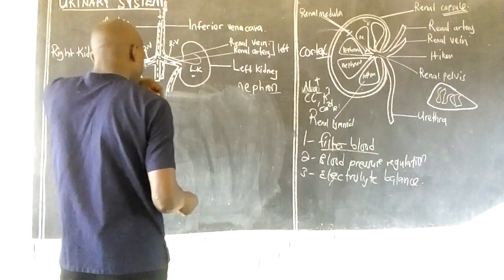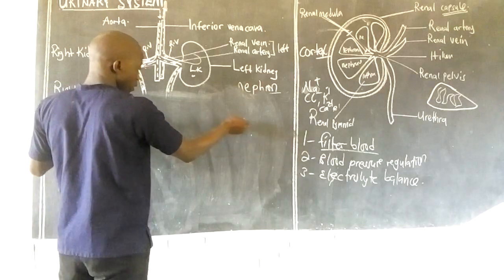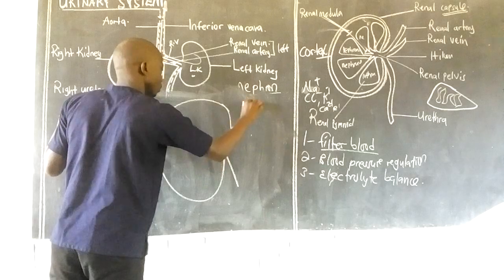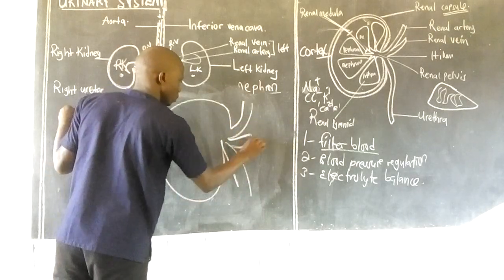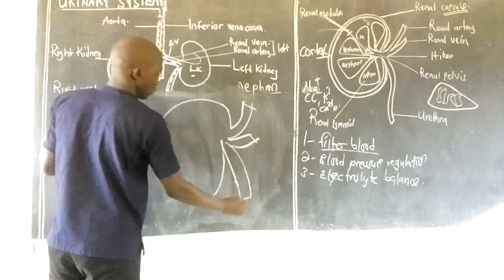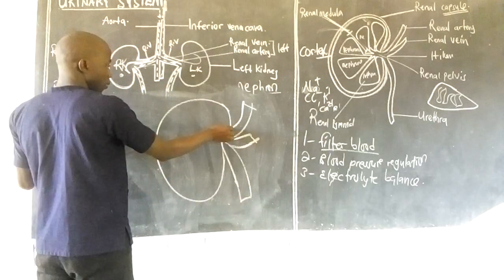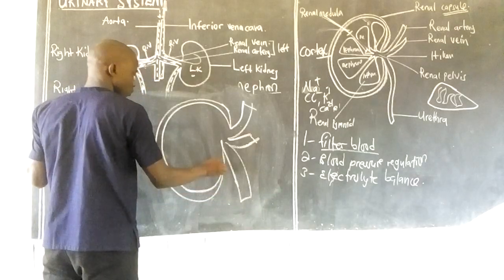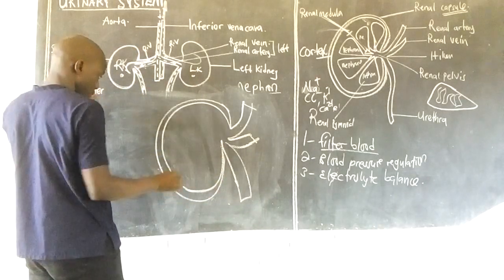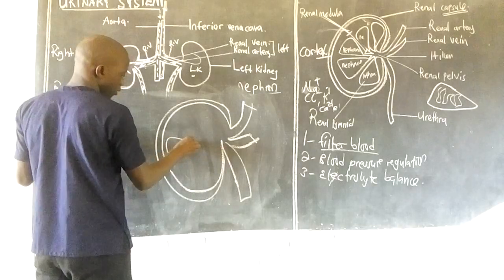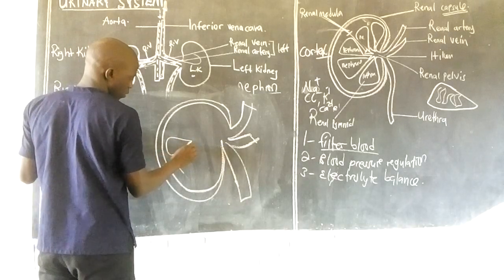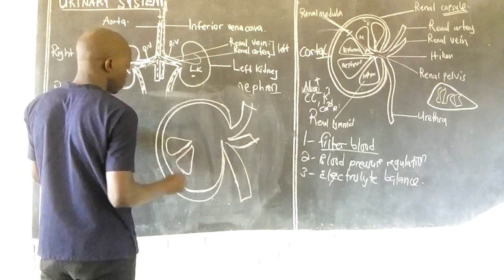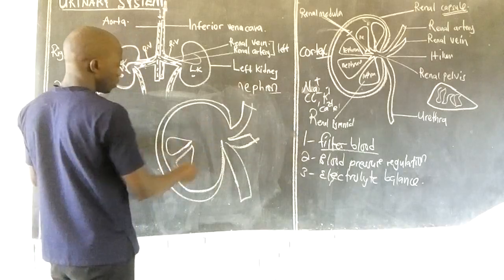So, if this is my kidney, each side is bean-shaped. On each side we have the cortex, and from the cortex we have the pyramids in the medulla. So these pyramids, we put two of them, but they fill the whole medulla.